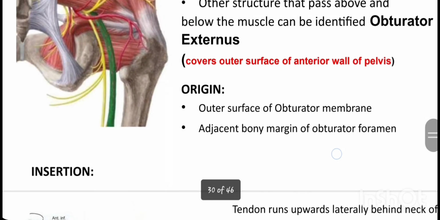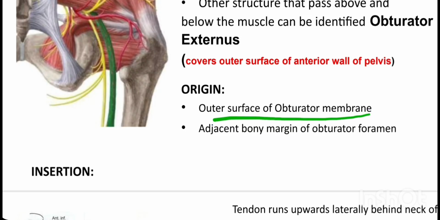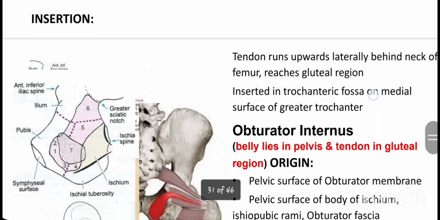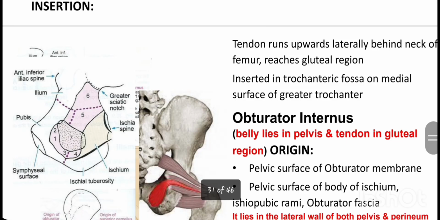Coming to the obturator externus, it originates from the outer surface of the obturator membrane and some margin of the obturator foramen, and gets inserted into the trochanteric fossa, which is near the greater trochanter.